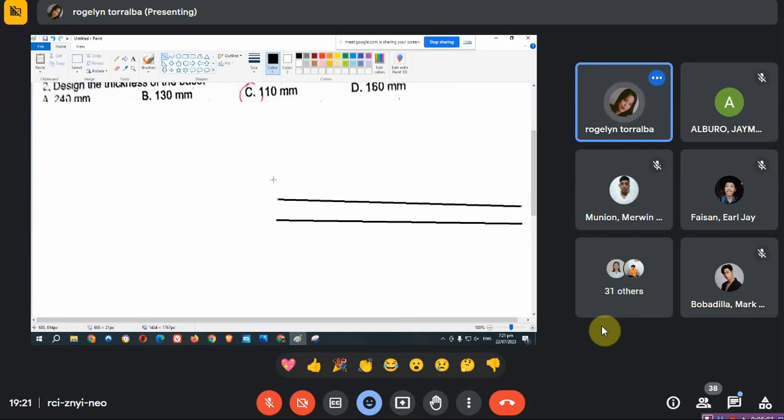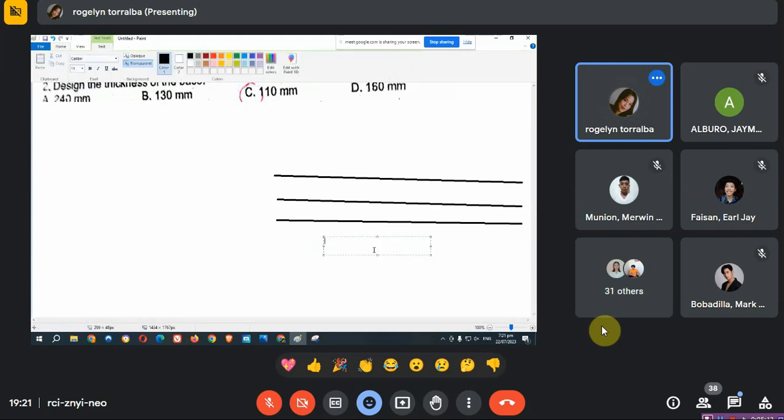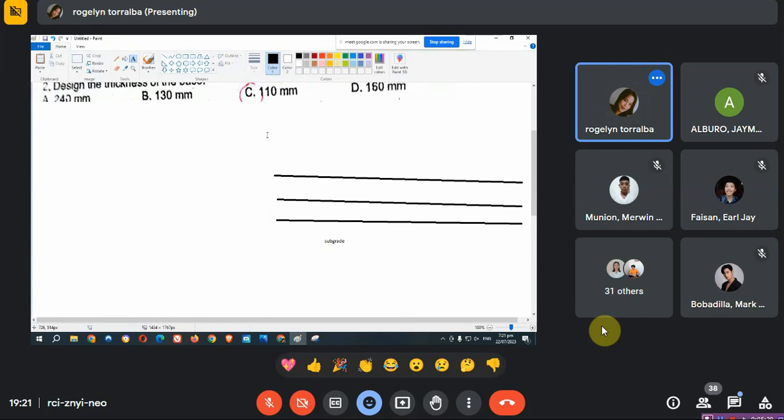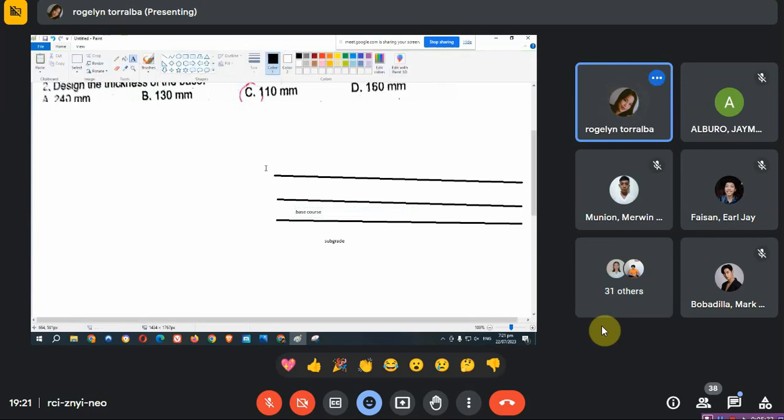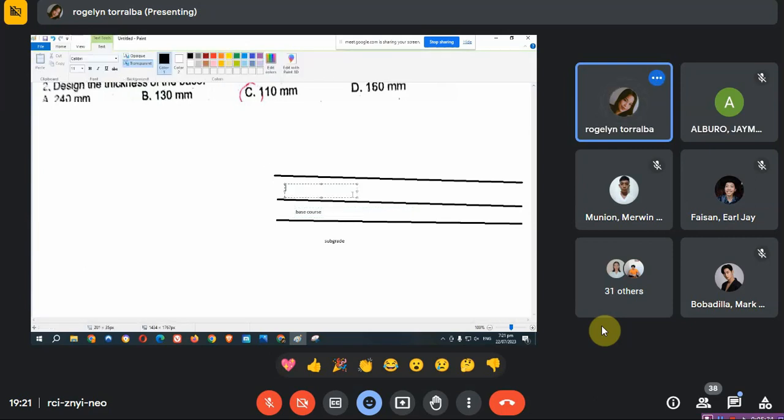In our discussion, asphalt pavement is what we use. So this is the subgrade, and this is the base, the base course. And of course, we also have our asphalt pavement.